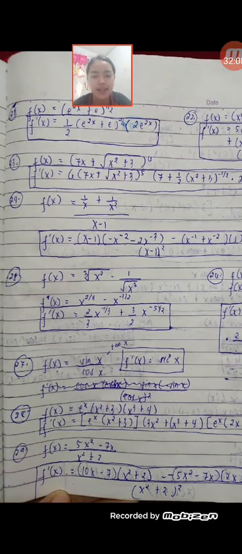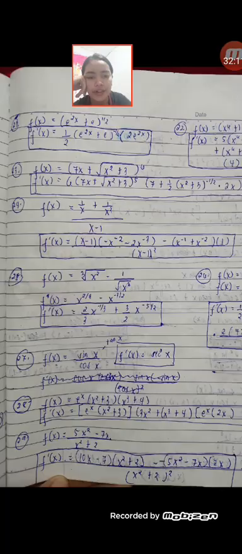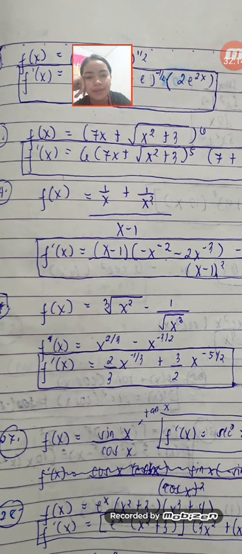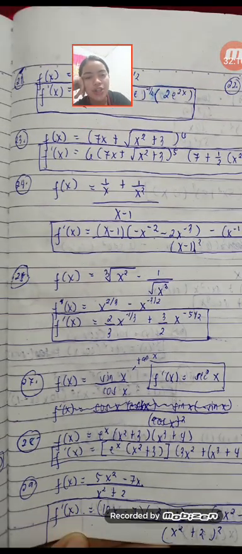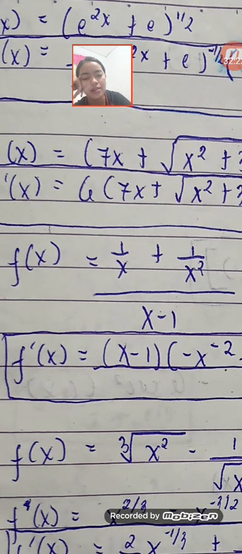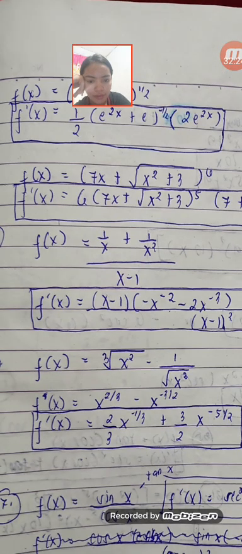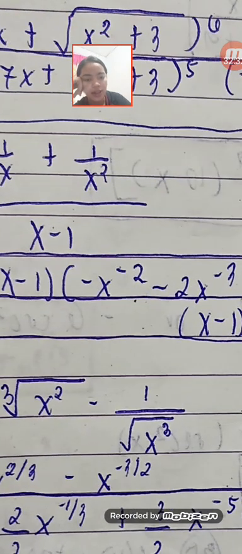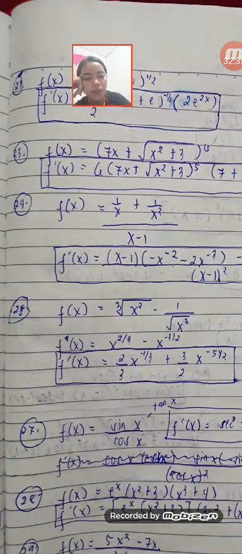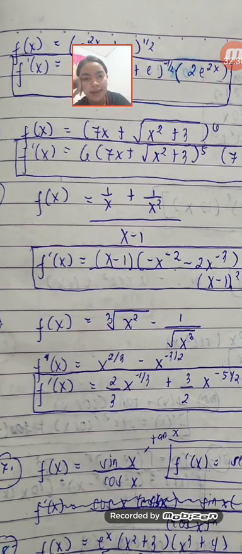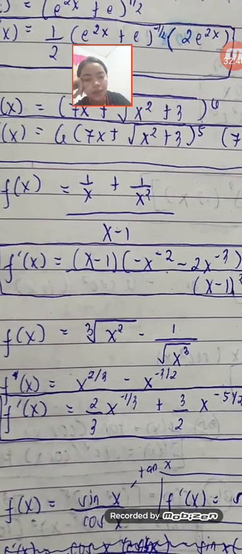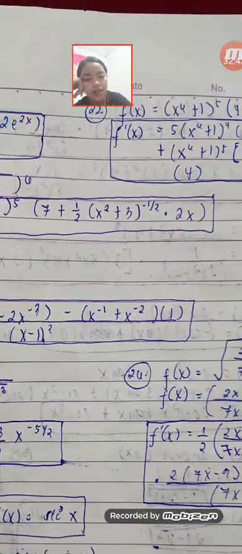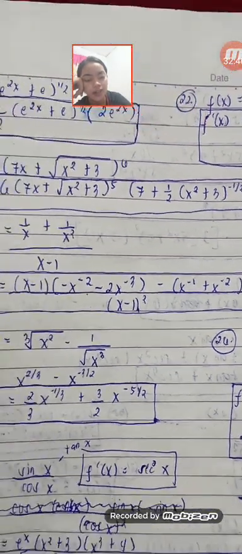For number 24, it's kind of difficult, but we can answer this one. So in this part, we just need to recall or use again the quotient rule since this is division. So in order for us to easily identify this item, we can rewrite this like this. So for our quotient rule, we need to multiply the derivative of our first and the second function and minus the first and last.